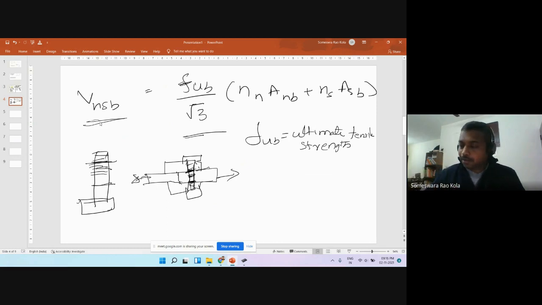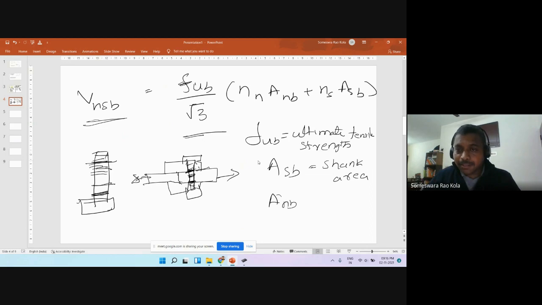Now I'll come to this Anb and Asb. Asb is the shank area. Shank area is the cross section of the shank without any threads. Anb is the area of cross section at the threads.